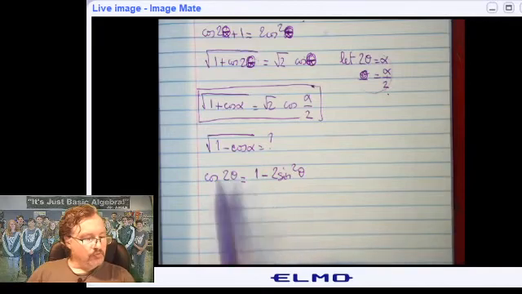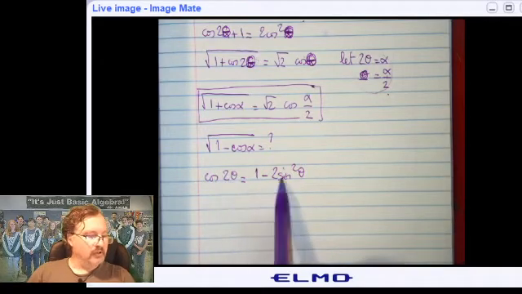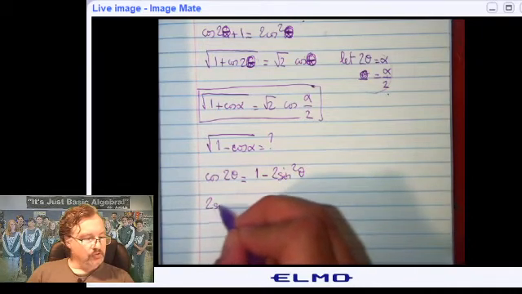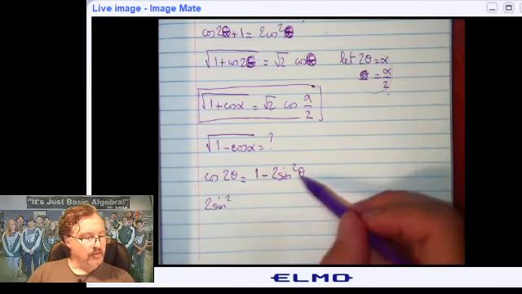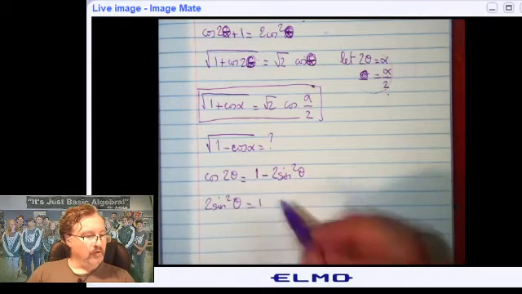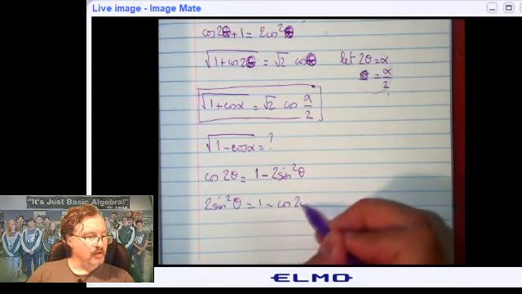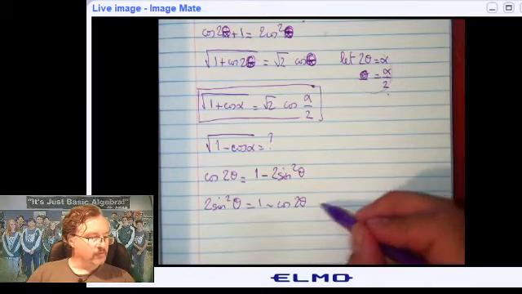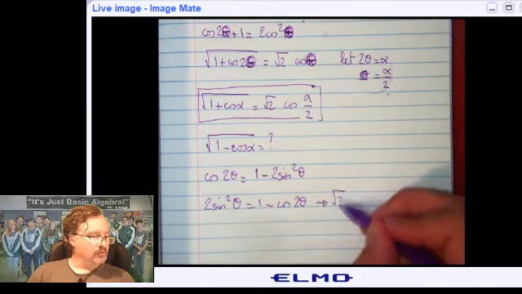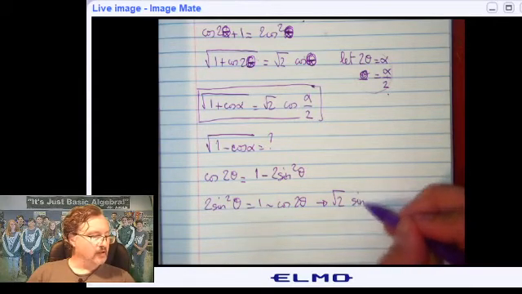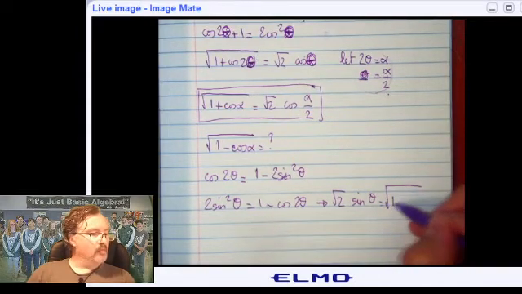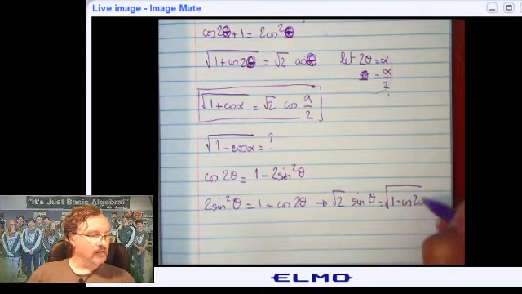So I'm going to take this element, put it over here, take this element, put it over here. That's going to give me 2 sine squared theta equal to 1 minus cosine 2 theta. If I take the square root of both sides, it's going to give me root 2 times sine theta equal to the square root of 1 minus cosine 2 theta.